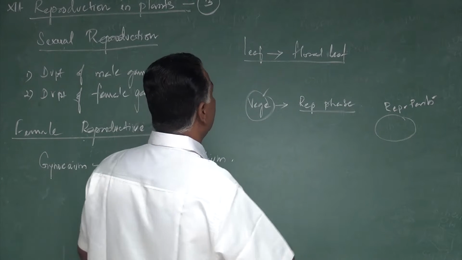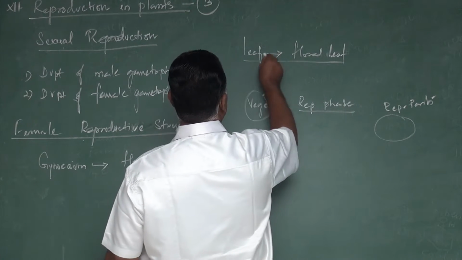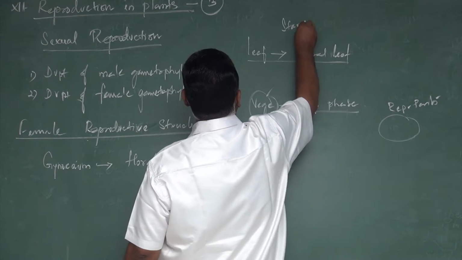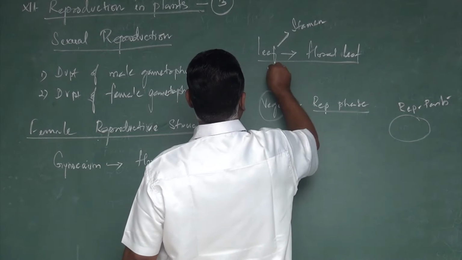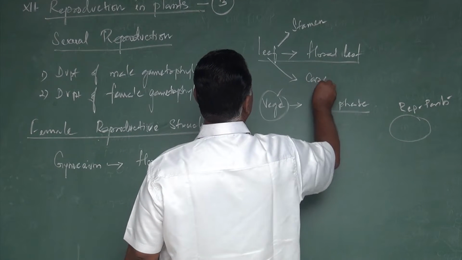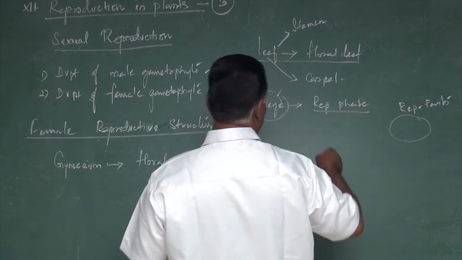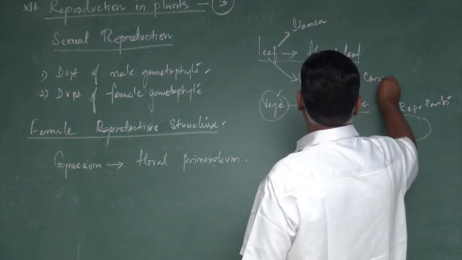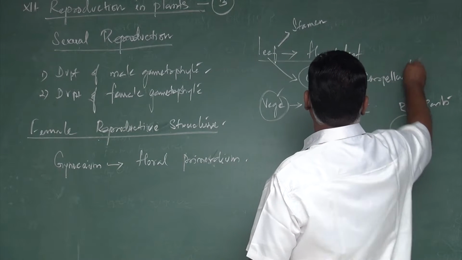For telling clearly, a vegetative leaf is converted into a stamen. A vegetative leaf again is converted into a carpel. Now, this is a female part. This is called carpellary leaf.